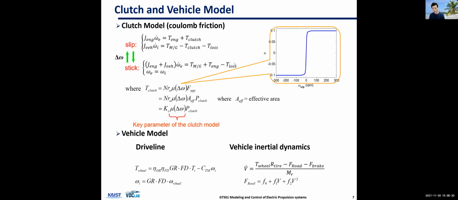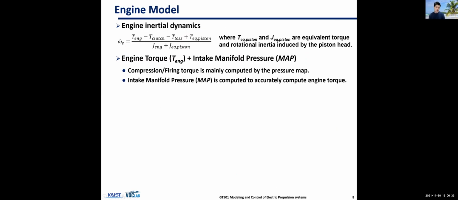Now let's move on to the engine model, which is probably the most complicated part. But I'm not going to get into details in this lecture, as it can take quite a long time to explain all the details. But to give you an idea, this is easy, right?